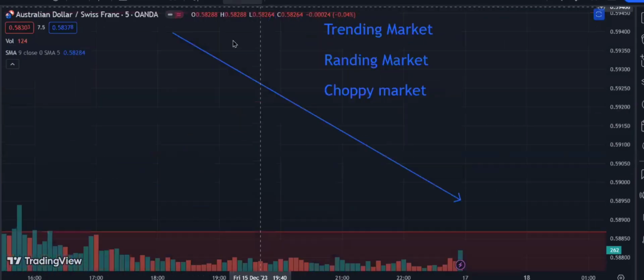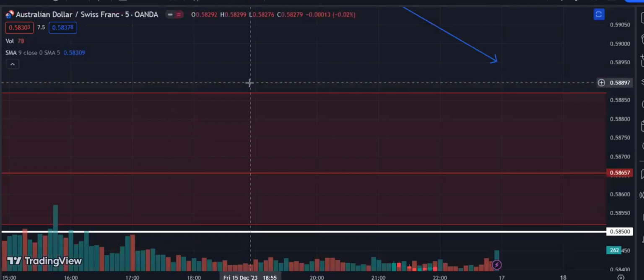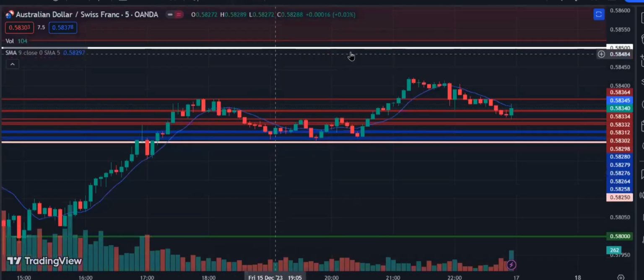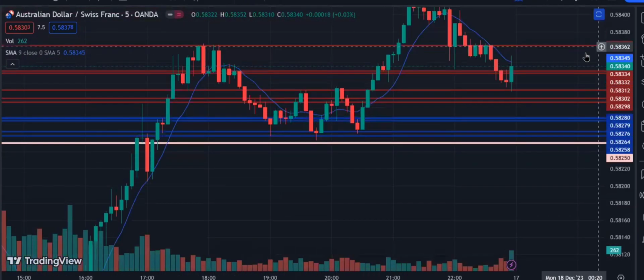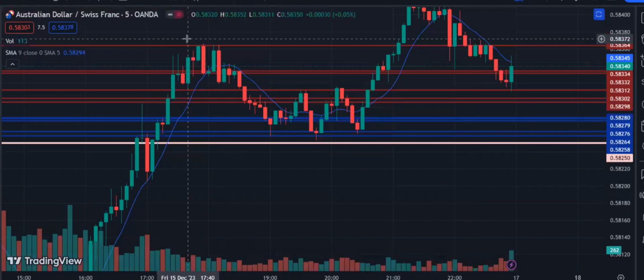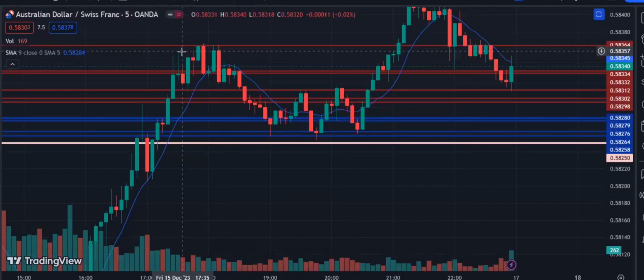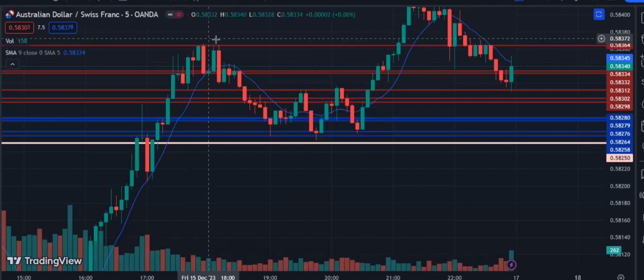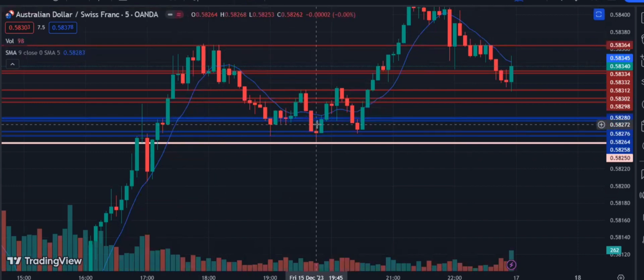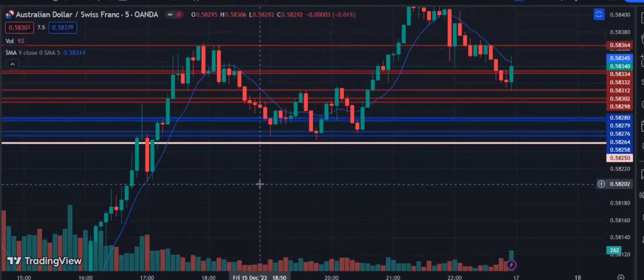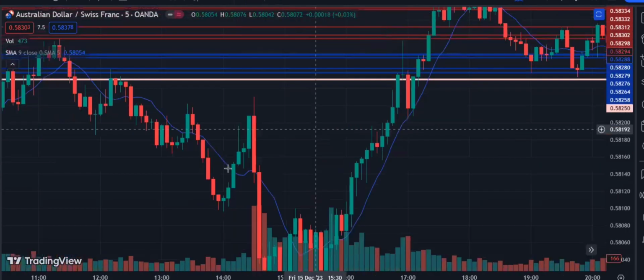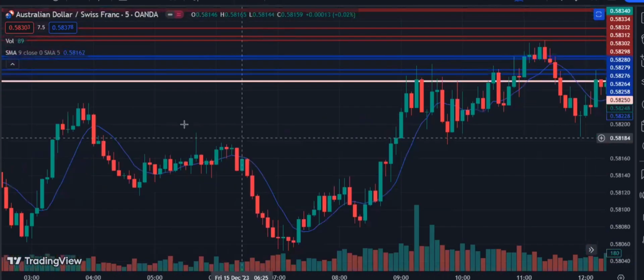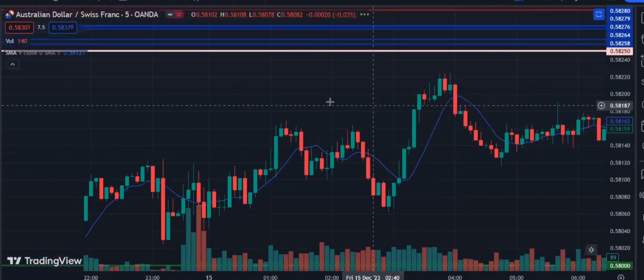So you get to know that the price makes a series of movements targeting each key support and resistance level, within a horizontal direction, right?